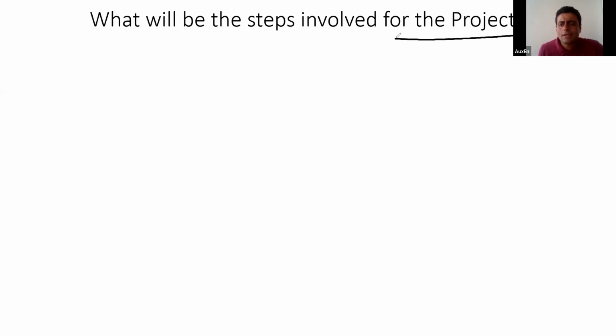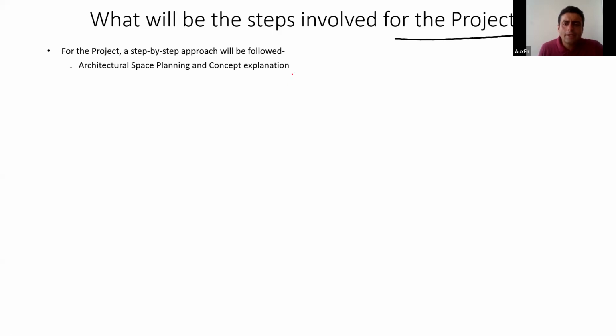So for our project in this course, what will be the steps involved? Let us try to have a look. How will we approach this project? So we will start with the understanding of architectural space planning and the architectural concept. As I had told you, the architect for this project would be joining us, and he would be explaining what the brief given to him by the client was, how he did the architectural space planning, how he understood and finalized the requirements, and how he came up with a concept.